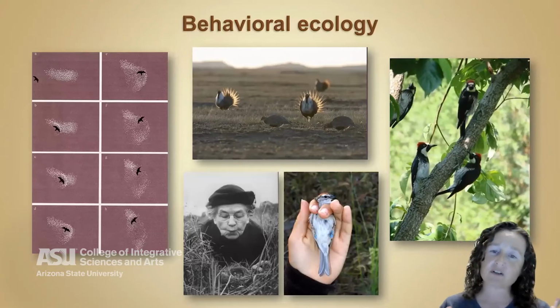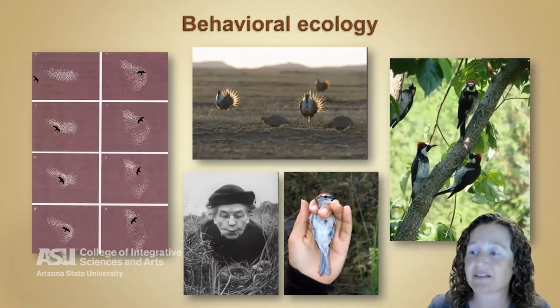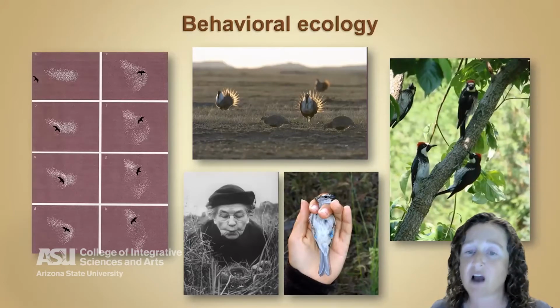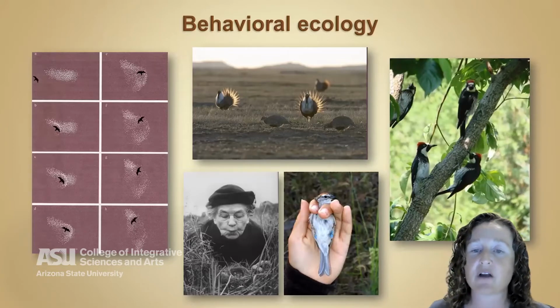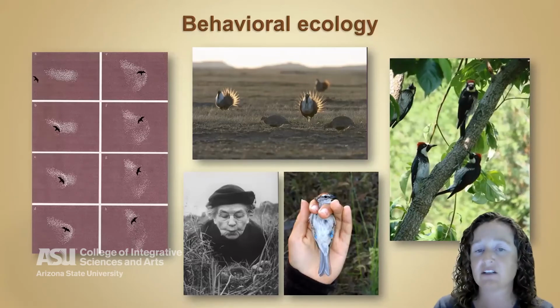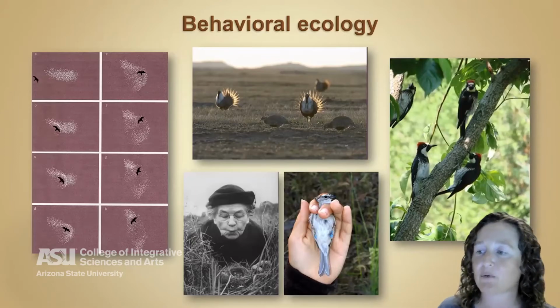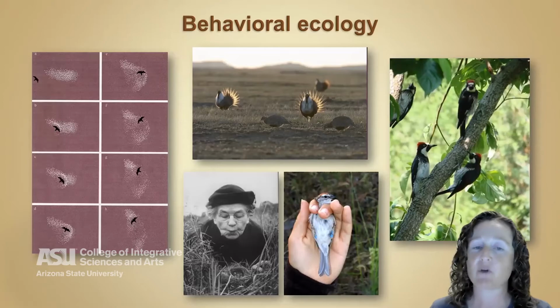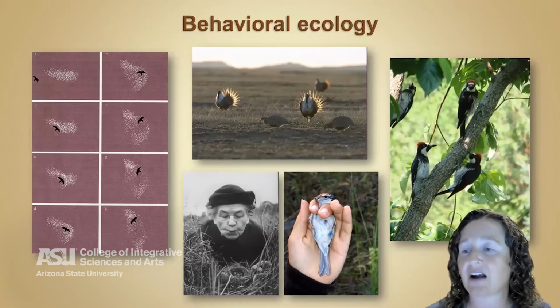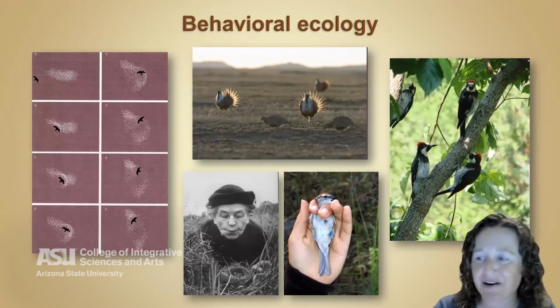Of all vertebrate species, birds are the most monogamous. So we'll talk about monogamy as a mating system, and we'll talk about other mating systems. We'll talk about altruism and birds sharing duties and cooperating to raise young, like the acorn woodpeckers that you see here. We'll also talk about how birds might work together to deter a predator.